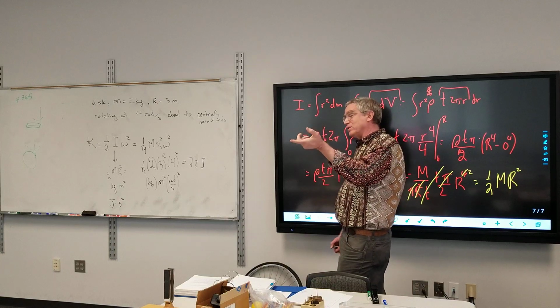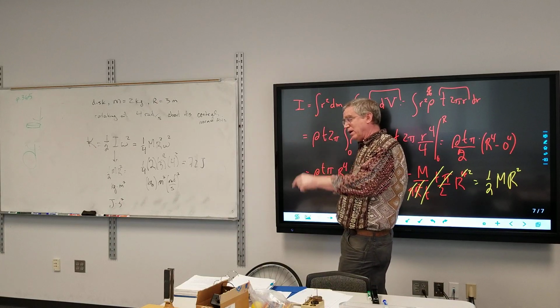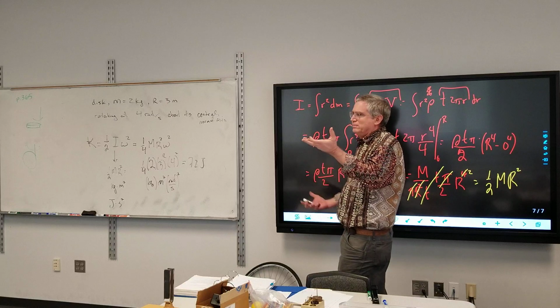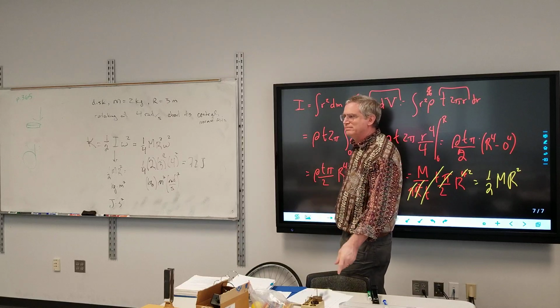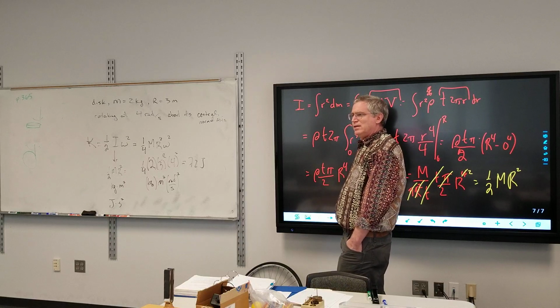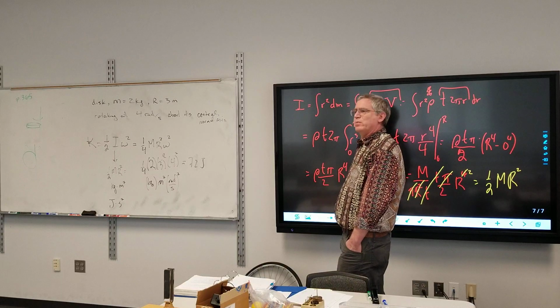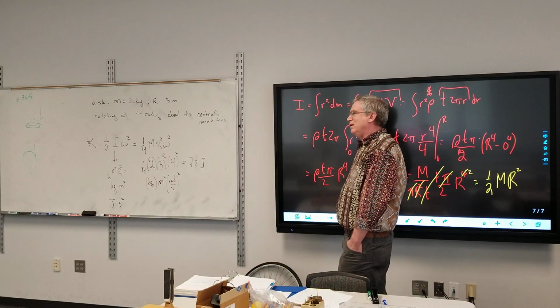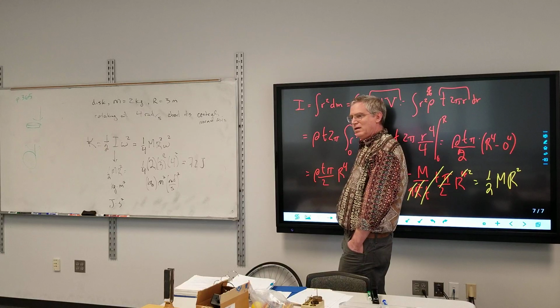Now, moment of inertia does have physical meaning, and we will get to that. But the unit itself, I would say it is what it is. I feel that's unsatisfying, but that's where we are right now. All right. Other questions?